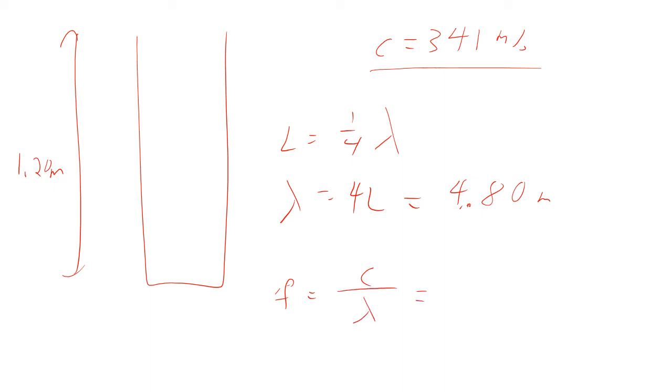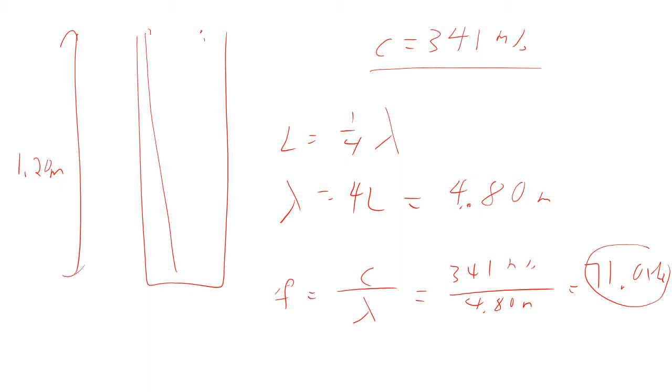So in this case, it'll be 341 meters per second divided by 4.8 meters. 341 divided by 4.8 comes out to be 71.0 hertz. Now that's the fundamental mode. That's when there is an antinode at the top and a node at the bottom.